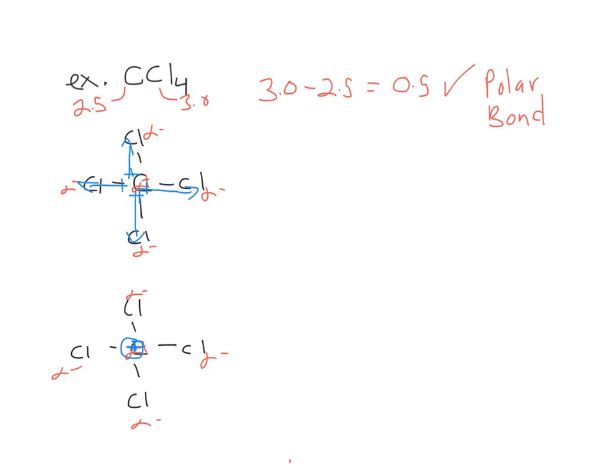And the center of negative charge is in between all of the chlorine atoms. So the center between this chlorine and this chlorine is right here in the middle. And the center between this chlorine and this chlorine is also right here in the middle. So our center of negative charge is in exactly the same spot as our center of positive charge. So that means that there's no magnet here. So this molecule is non-polar.